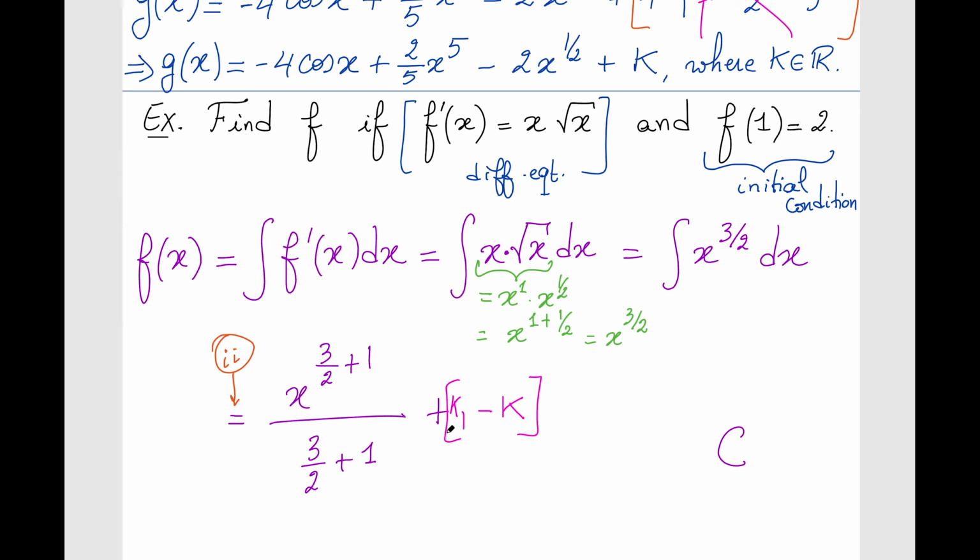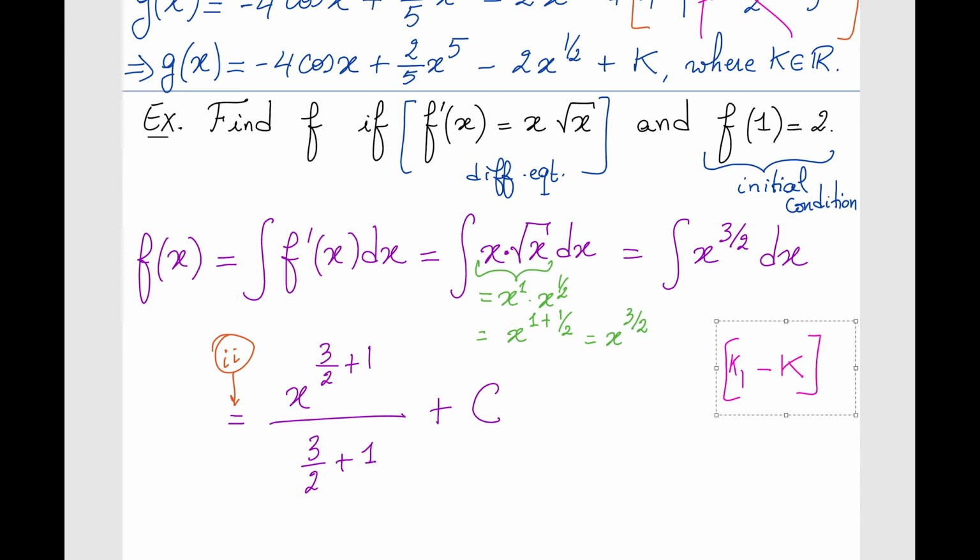So I'm taking this whole thing out, I took the plus back, and since it's arbitrary, I took it as a c, and that c is arbitrary. Does it make sense?